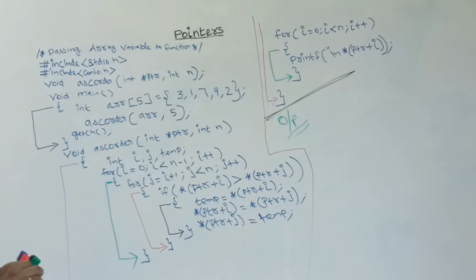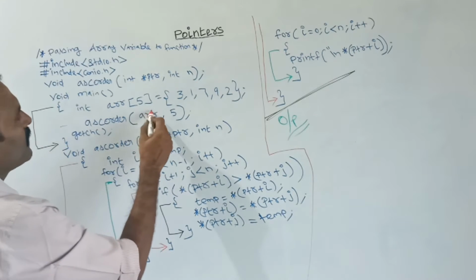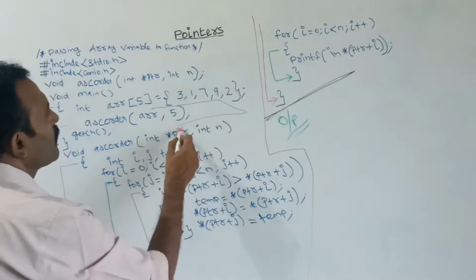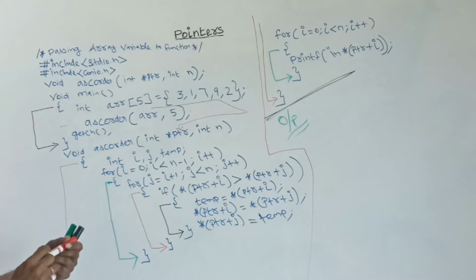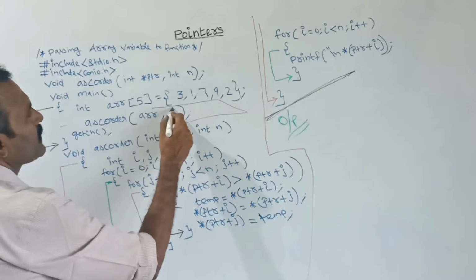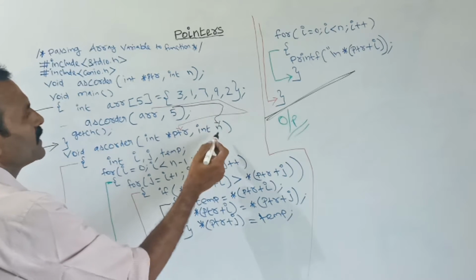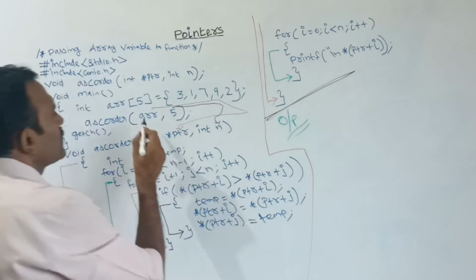So from this step, the controller will copy this array base address to the ptr. Next this n holds the array size, for that I have declared it as n. So n will hold the value how much? 5. Now let us see this array.